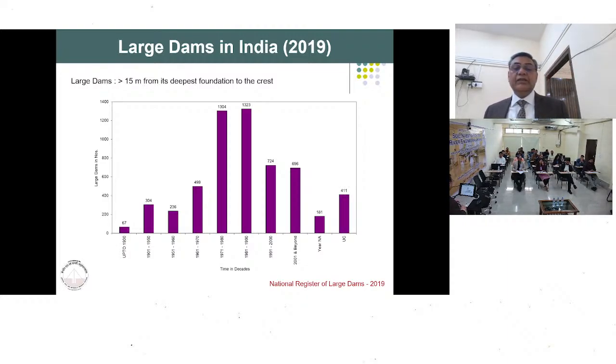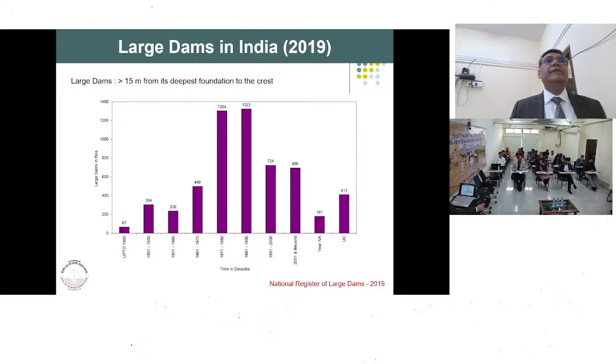Then from the 1970s to 1990s, in the next 20 years, dam construction took a lot of pace, and this is when our economy was expanding, we required more water resources, we worked on the green revolution, and all these things were developing.